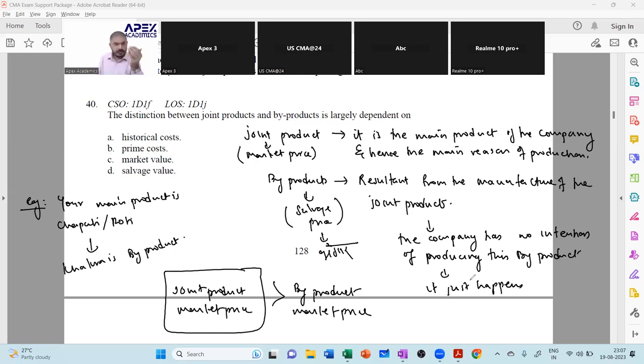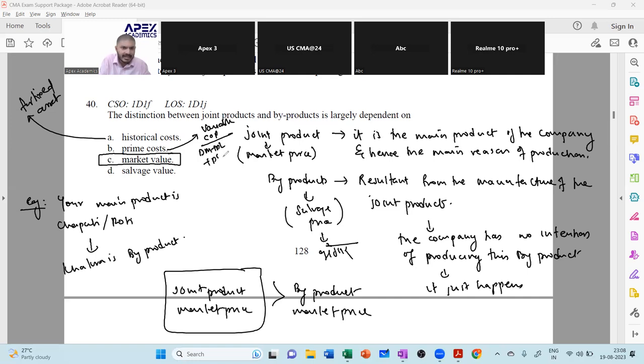So the distinction between joint and byproducts will always be dependent largely on what? On the market value. Historical costs are for fixed assets. Prime costs are the variable cost of production. What do they include? Direct material plus direct labor plus direct expenses.